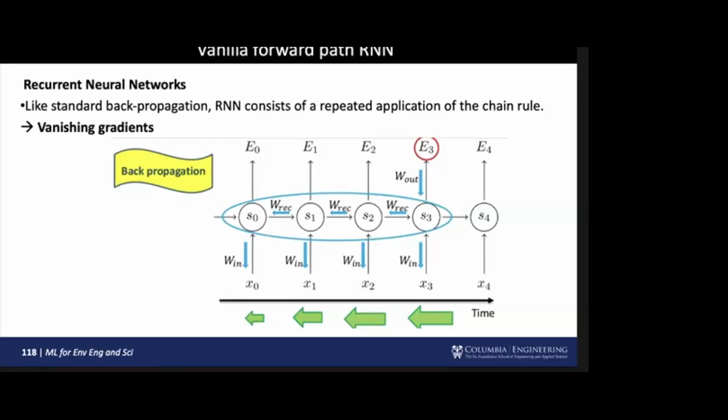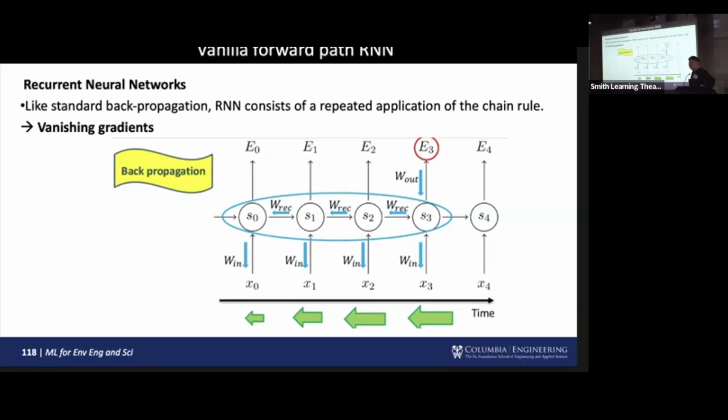For example, let's say that you have 2 times 2 times 2. The weight is 2. Let's say this is a value of 1, so the weight associated with this node is 2. Now W rec is 2, and you have 2 times 2 times 2 times 2. It becomes exploding over time.